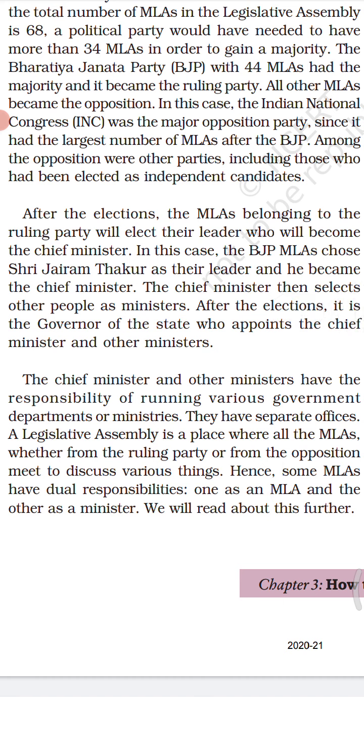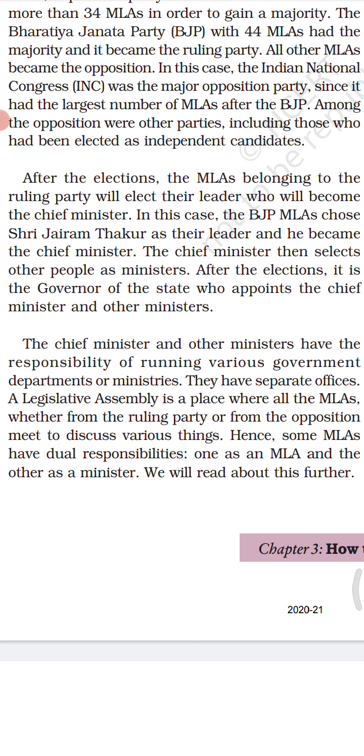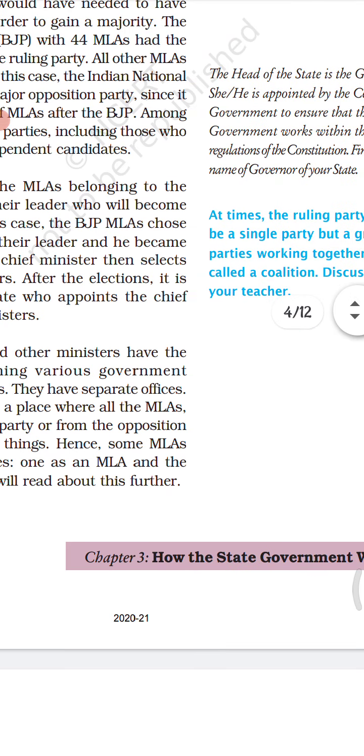So whatever the issues are in the state, the members of the ruling party, the members of the opposition and independent MLAs all sit together and discuss various issues regarding that particular state. One as an MLA and the other as a minister. We will read about this further.